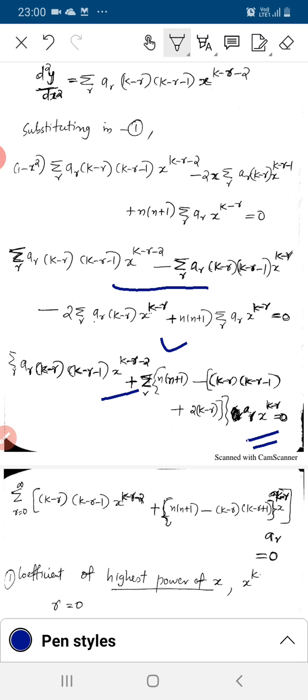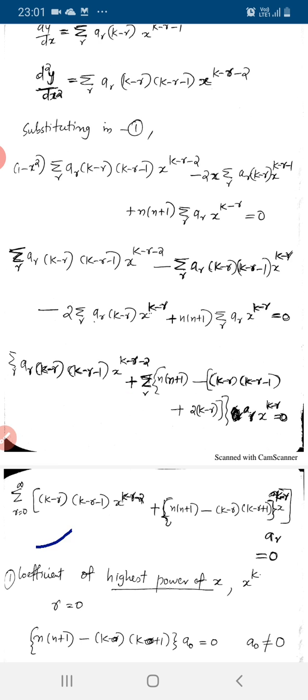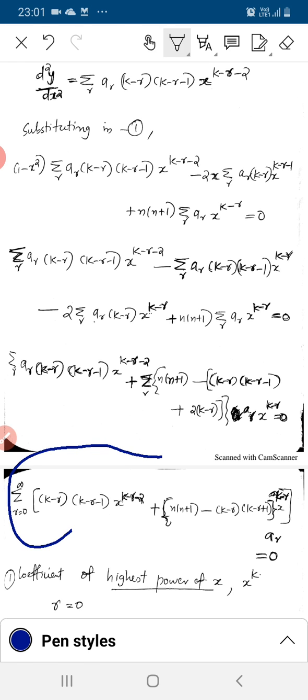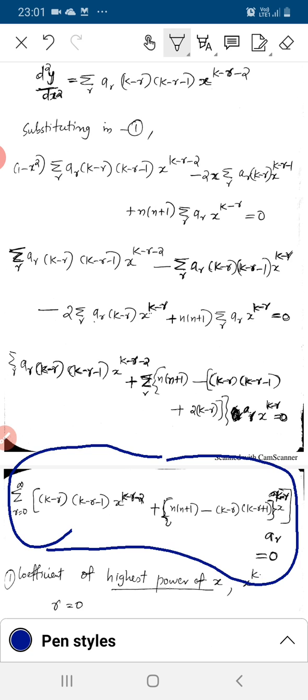So we write the coefficient of x to the power k minus r minus 2 and k minus r like this, and we write it finally in this form.